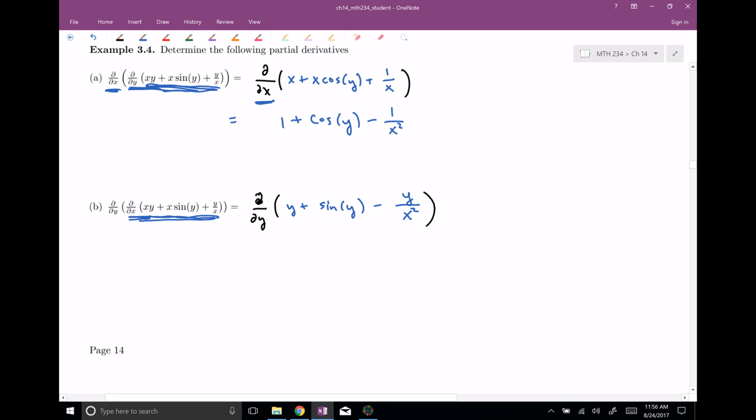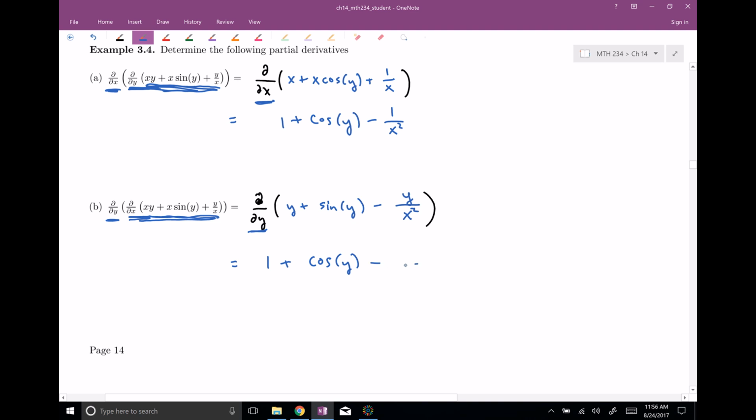For part B, I take the second derivative now with respect to y. If I take the derivative of y, I get 1, because the coefficient in front of it is 1. If I take the derivative of sine, I get cosine of y. Then, again, this x is a constant. It's along for the ride.